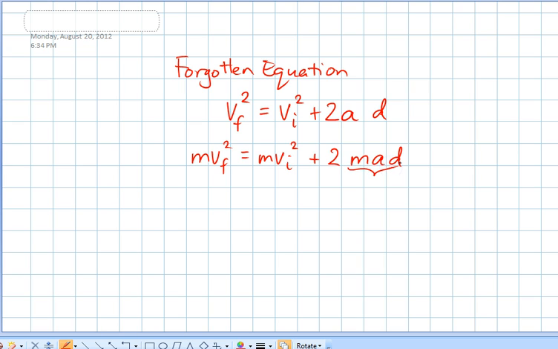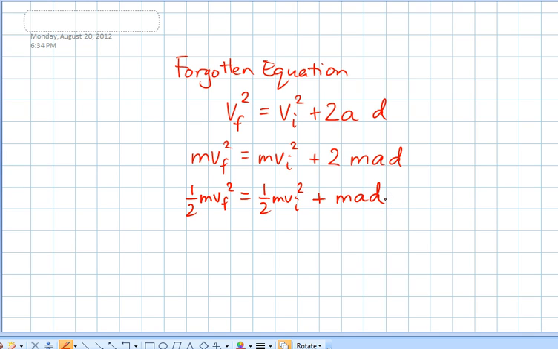That's why I said it makes us mad. We have mass times acceleration times distance. Next, we're going to divide everything by 2. So we're going to get 1/2 m v final squared and 1/2 m v initial squared, and then we're just going to be left with m, a, and d.